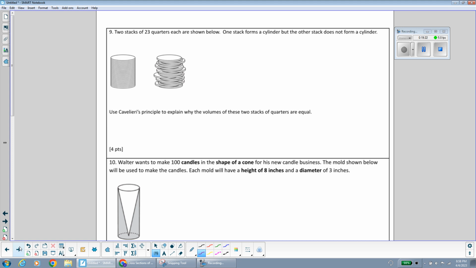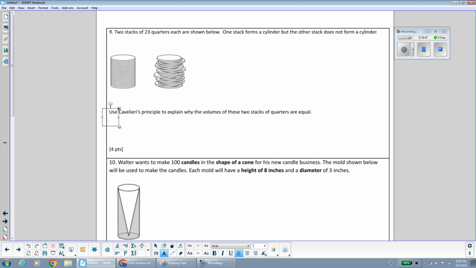Okay, so we have to use Cavalieri's principle here. Cavalieri's principle says if the base areas and the height are the same, then they will have equal volumes. You should use information from the question. It shouldn't just be really general, like base area and height are the same, so they're equal.